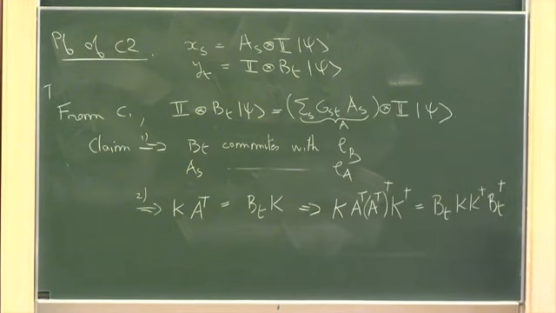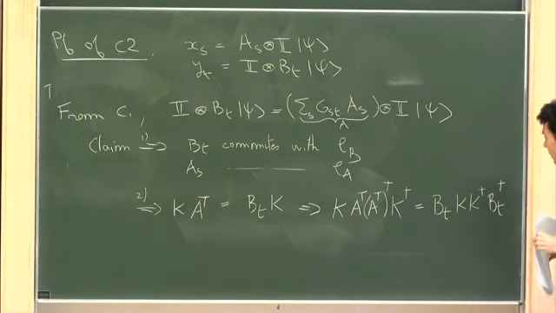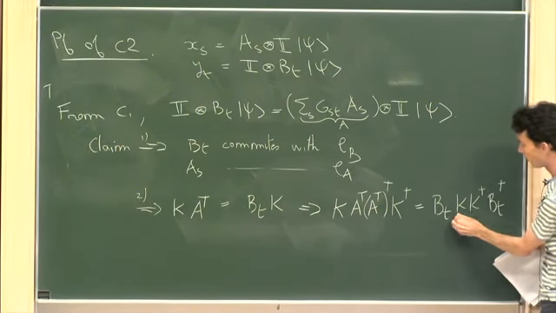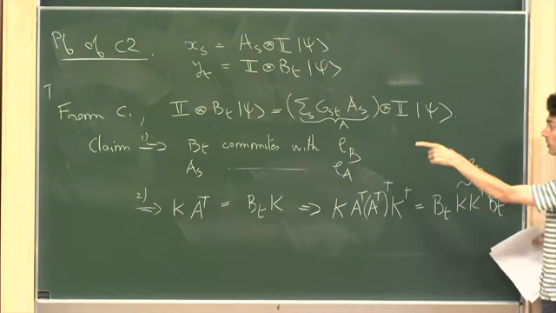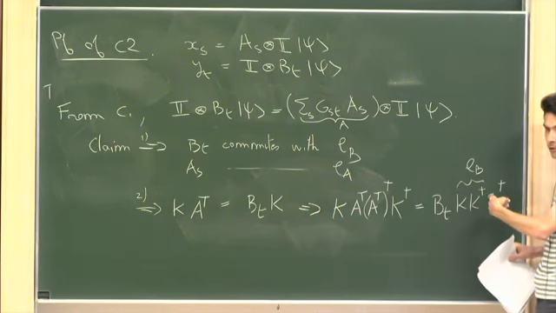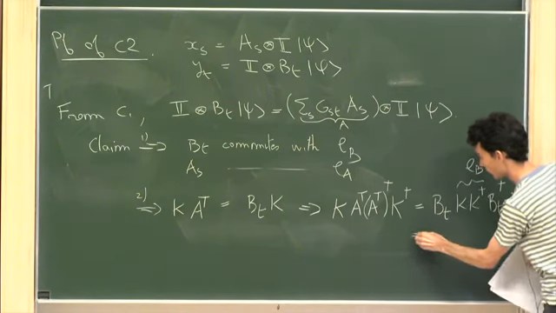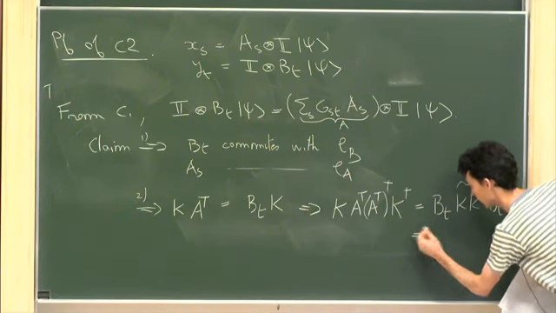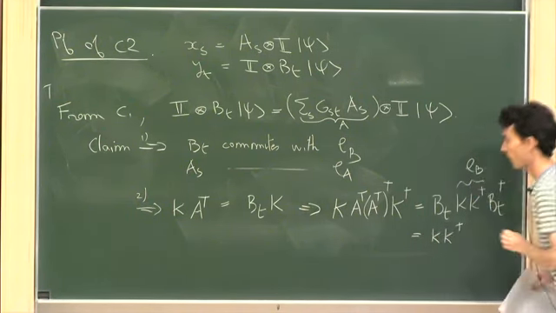I took the dagger of this thing and then multiplied the left hand side and the right hand side. Now BT, this is rho B. And I just proved that BT commutes with rho B, so I can commute it, and then I get B times B dagger. B is an observable, so this is just identity. It simplifies. So here I just get rho B, or KK dagger.